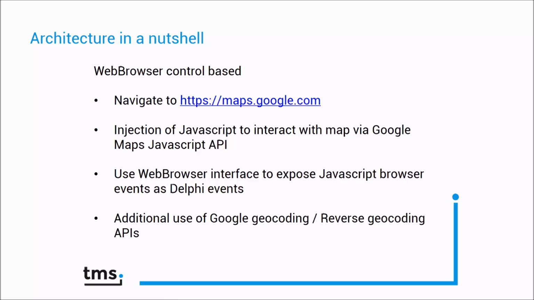And the interaction with Google Maps is done via the injection of JavaScript in this browser control, and also mapping web browser JavaScript events to Delphi events. We have separate non-visual components for accessing the Google geocoding and reverse geocoding APIs.